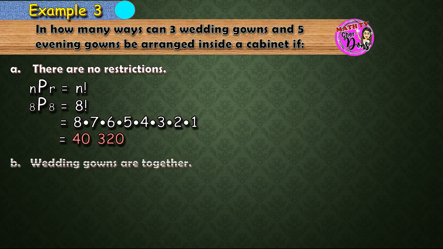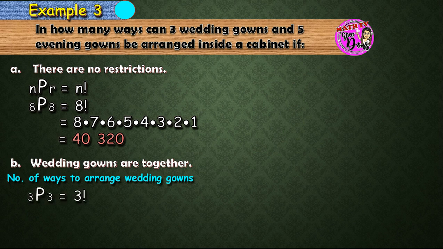For letter B, wedding gowns are together. Let us first determine the number of ways to arrange wedding gowns. So we have permutation of 3 objects taken 3 at a time. It is equal to 3 factorial. Expanding it, we have 3 times 2 times 1. It is equal to 6. After that, we need to find the number of ways to arrange the gowns.